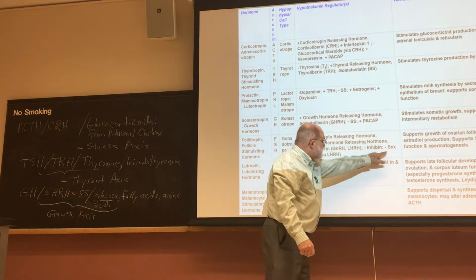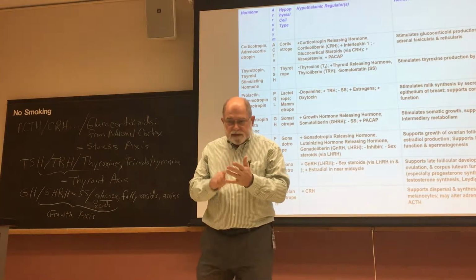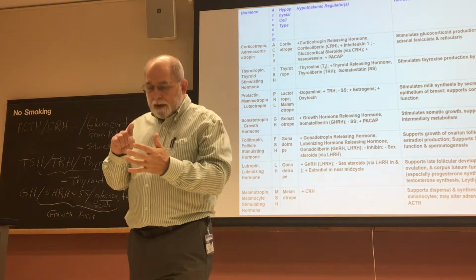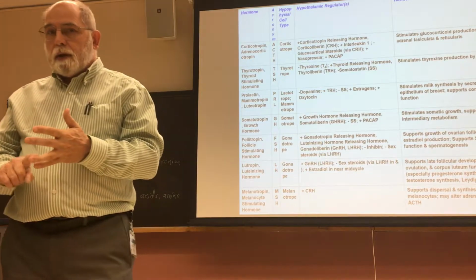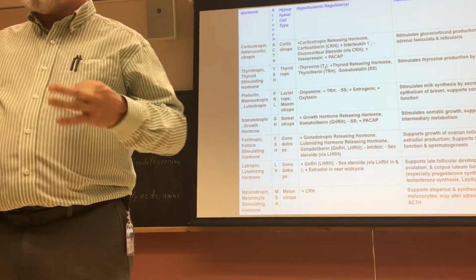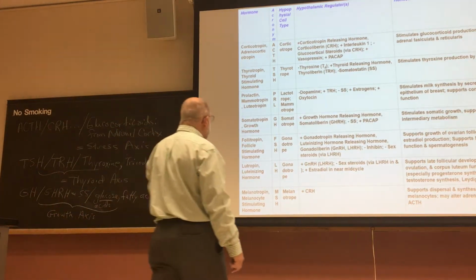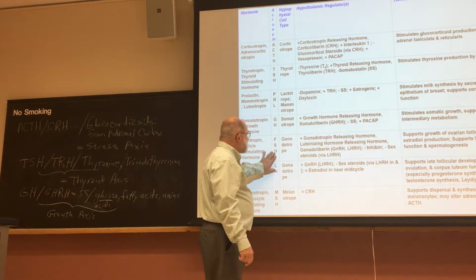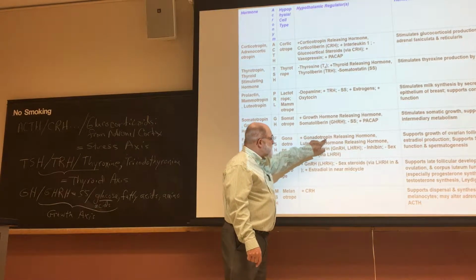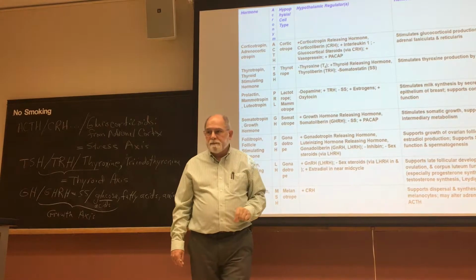Sex steroids, testosterone, estradiol, to a lesser extent progesterone, all are negative feedback inhibitors of production of LH and FSH, usually by controlling production of GnRH.